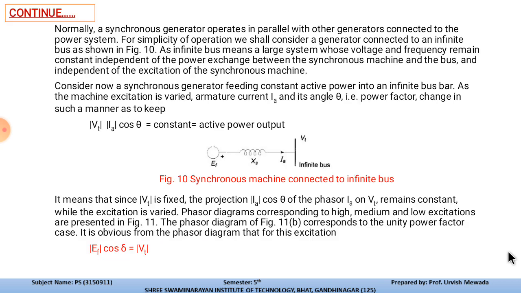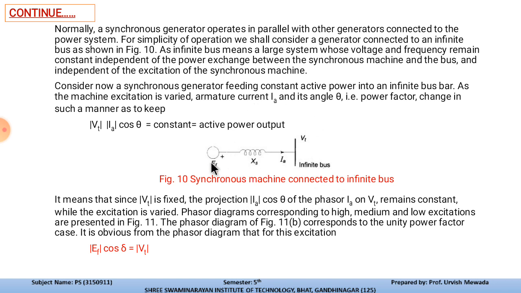Now normally a synchronous generator operates in parallel with other generators, because we have an interconnected power system for the whole country. So for simplicity of operation, we shall consider a generator connected to an infinite bus. This is the synchronous machine which is connected with the infinite bus, figure number 10.